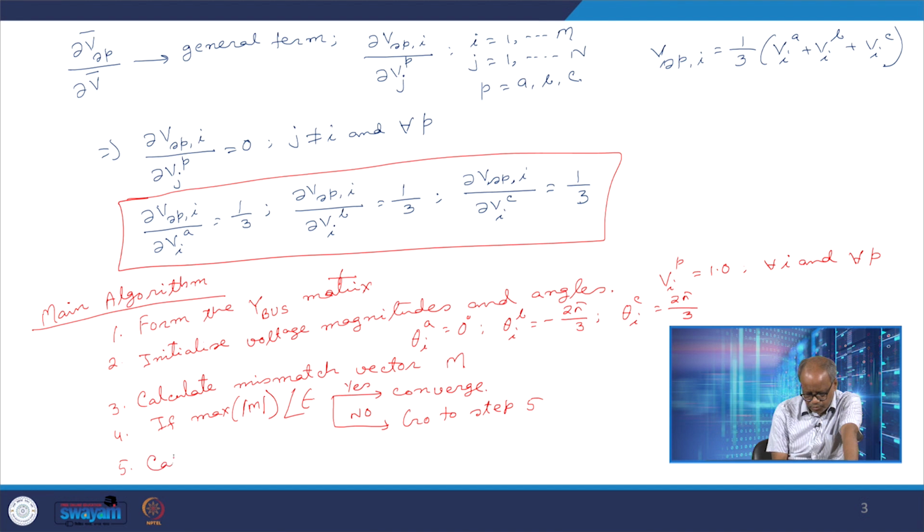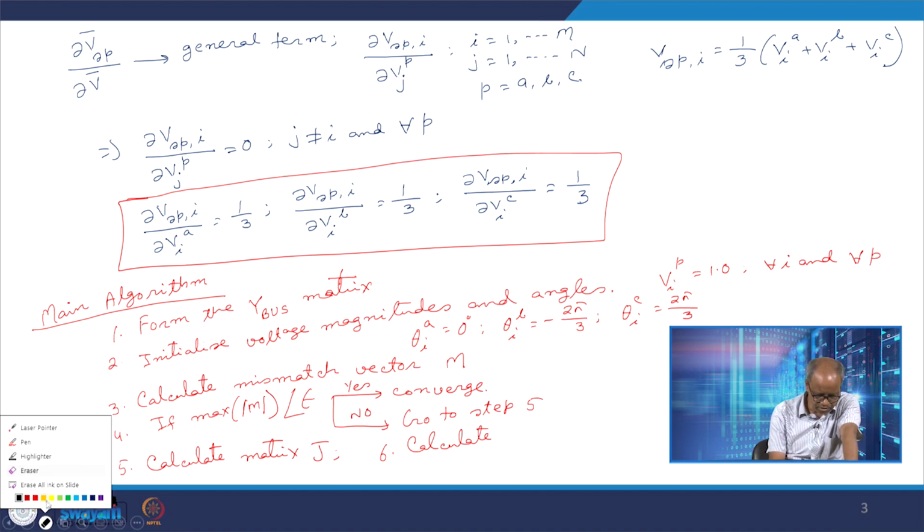We calculate the Jacobian matrix J. Then step 6 is to calculate the vector delta x, which is the correction vector.